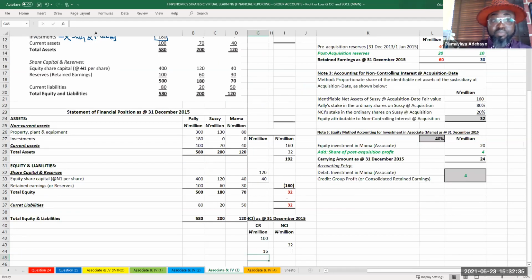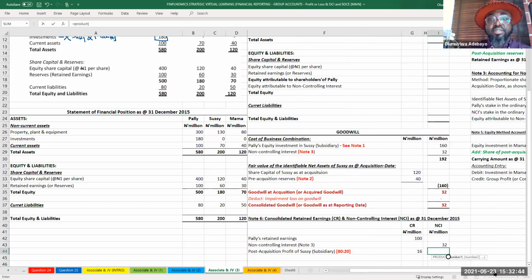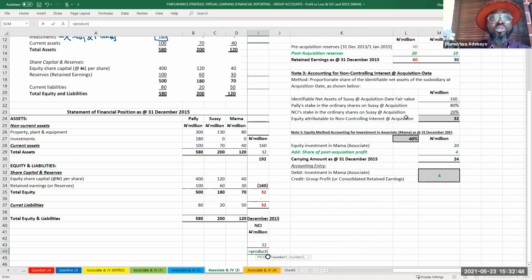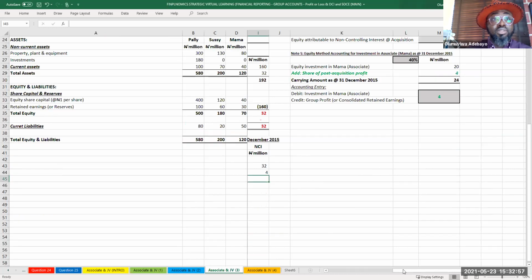Why? The NCI would take 20%, this 20% of the 20. That's 4.